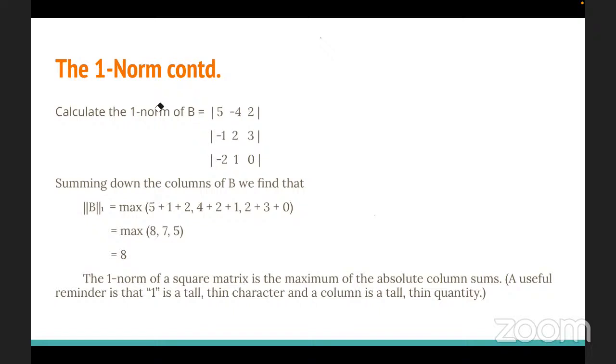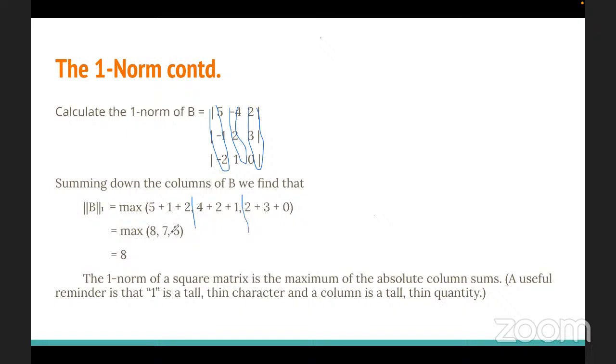All right, so this is another example. This is a 3 by 3 matrix. You can still hear me, right? In the one norm, we sum the absolute values of this column, this column, and this column. So 5 plus 1 plus 2, then 4 plus 2 plus 1, and 2 plus 3 plus 0.